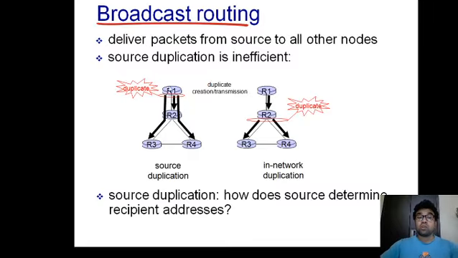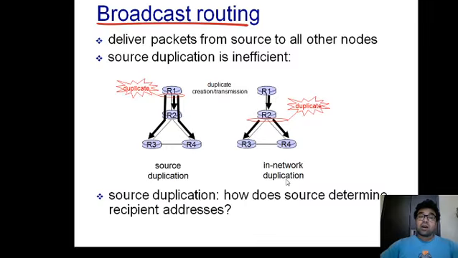It is going to create a lot of traffic in the network, because a single packet which has to reach all the other nodes has to move from this node to all the other nodes in the network. So it can be a way to broadcast the information, but duplication is there.